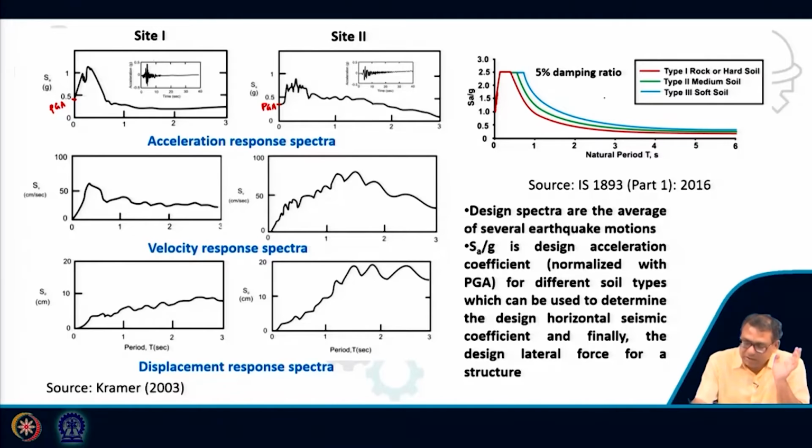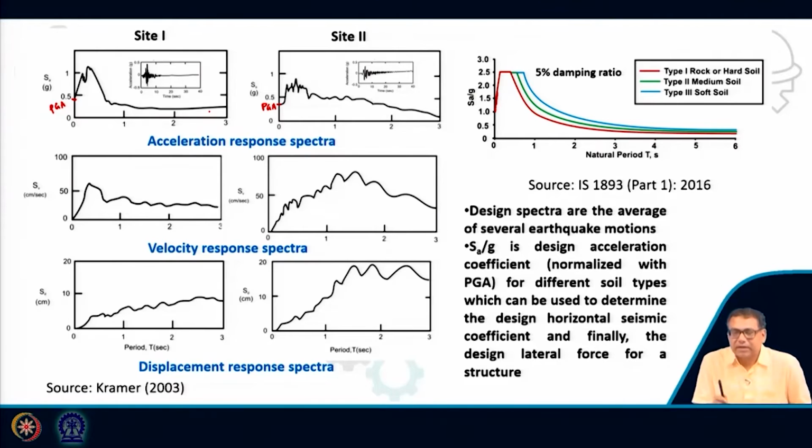All the curves start from 1 because they are normalized with respect to PGA. So it will start from 1 and then follow this trend. Here also, if you draw a smooth curve, this will be a similar type of response spectrum.